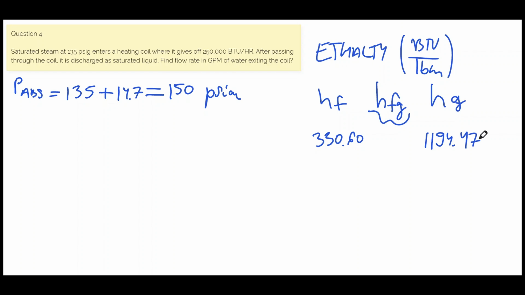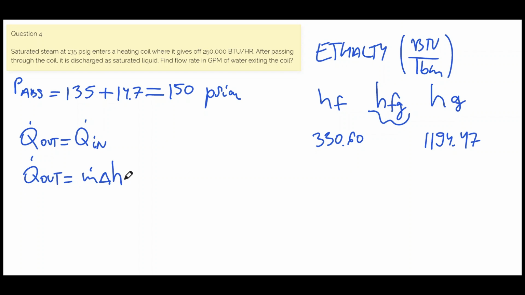So now we use this formula: heat out equals heat in. In our case, in order to find heat that gets discharged, heat in is going to be mass flow multiplied by difference in enthalpy.